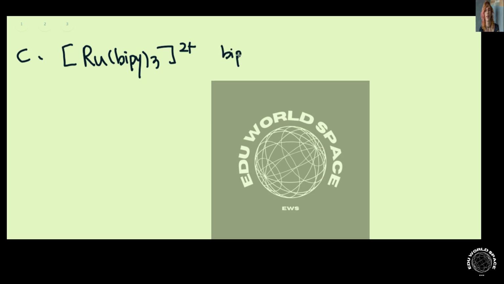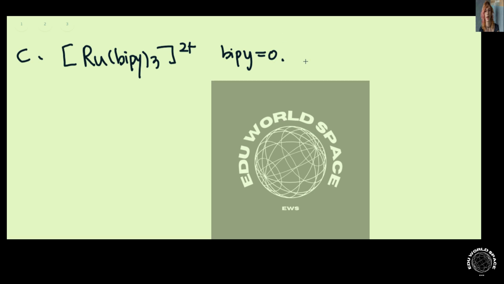Now we move to part C. Part C, we have the complex rubidium bipyridine 3, 2+. All right, so the oxidation state for bipyridine molecule is equal to 0.